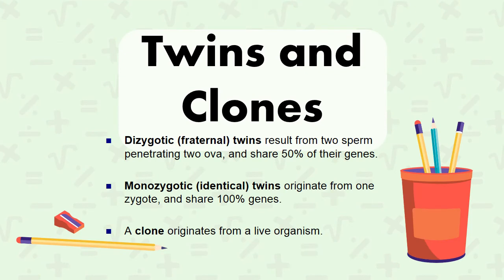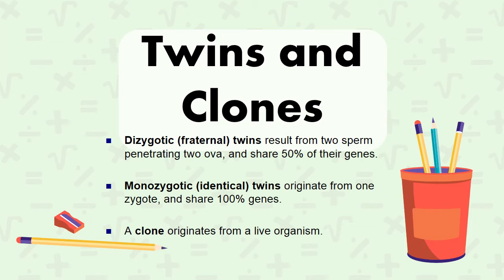Now, let us look at the twins and clones. What is the reason behind the characteristics of these two? Among twins, we have the dizygotic and the monozygotic. Dizygotic means the fraternal twins, and it results from two sperms penetrating two ovums.